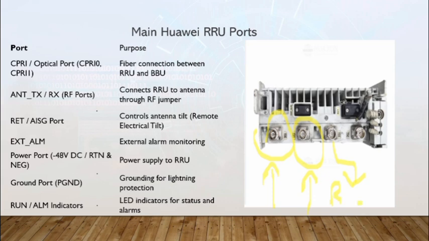This is the internal model of RRU in which its ports are visible. So the ports related to the fiber and the antenna, and also the remote electrical tilt, are shown here. The Huawei RRU type consists of the following series: 3801, 3201 and 5501.